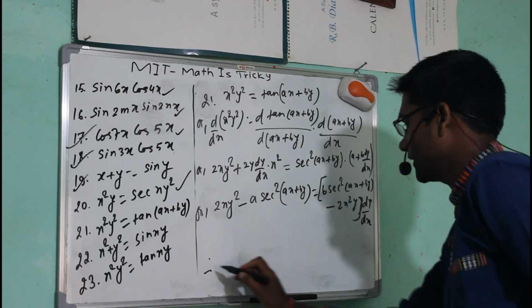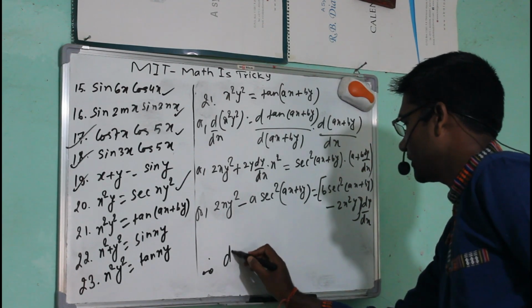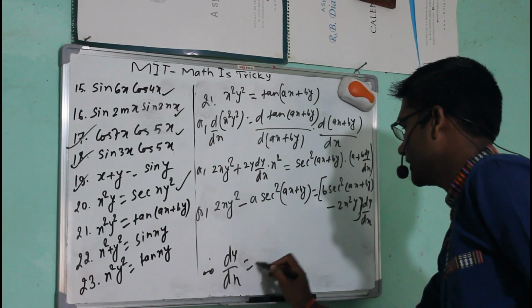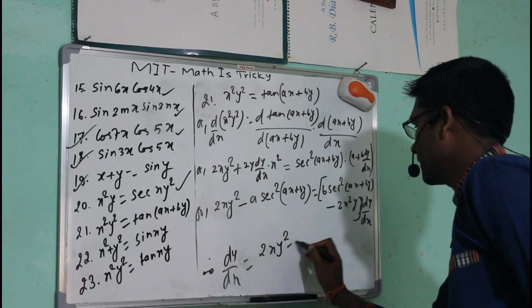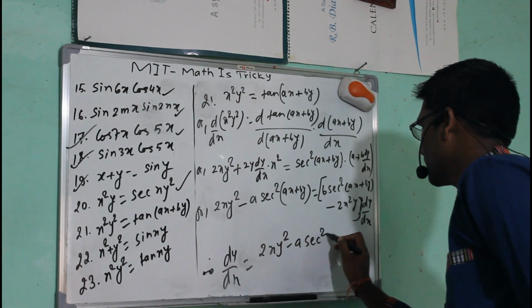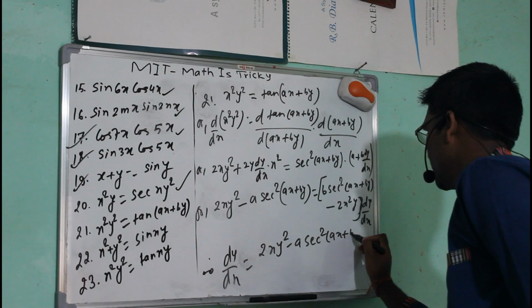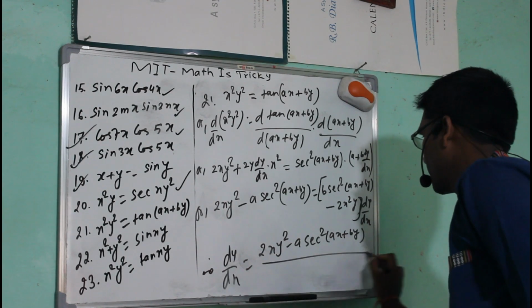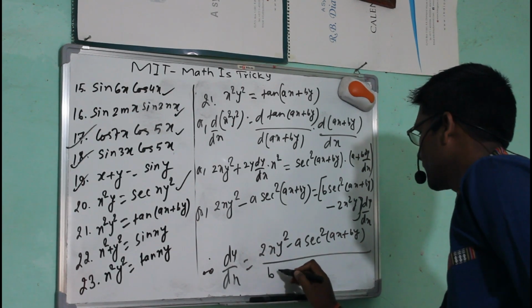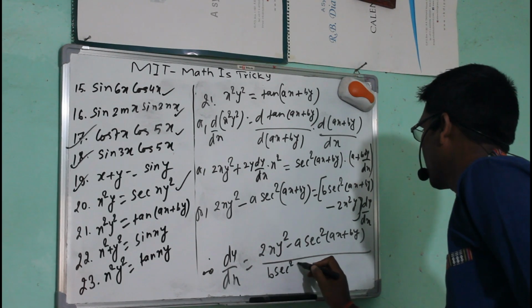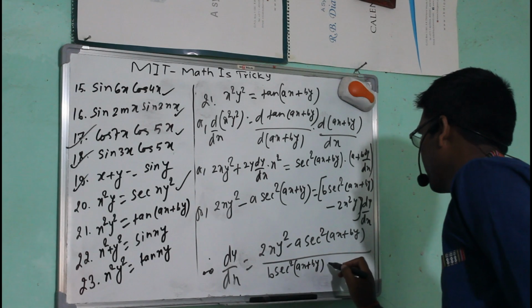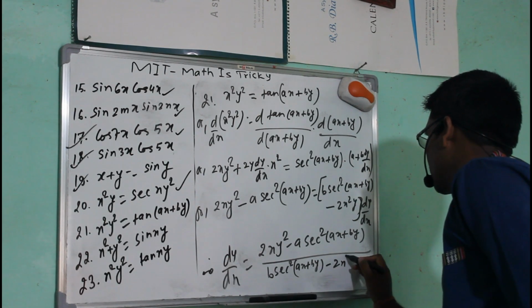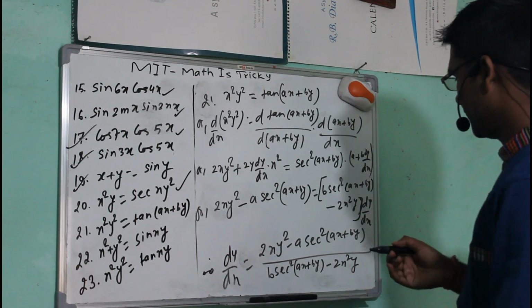Therefore we can write dy by dx equals 2xy square minus a sec square of ax plus by, whole divided by b sec square of ax plus by minus 2x square y. This is your answer.